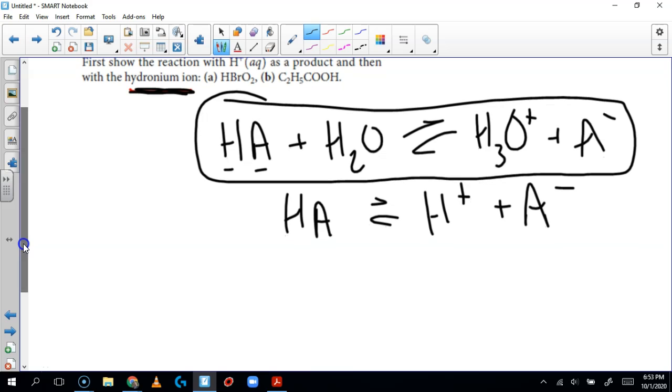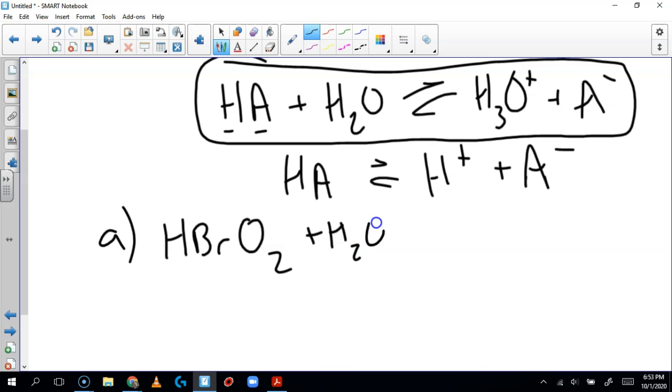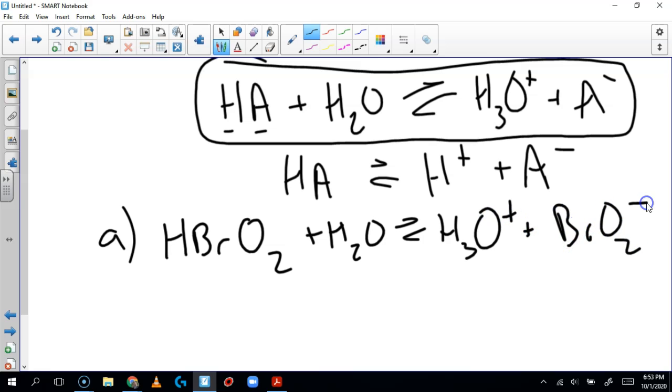So let's do A. The reaction that shows hydronium ion, that's going to be bromous acid. So it's going to be HBrO2 plus H2O in equilibrium with H3O plus and BrO2 minus.